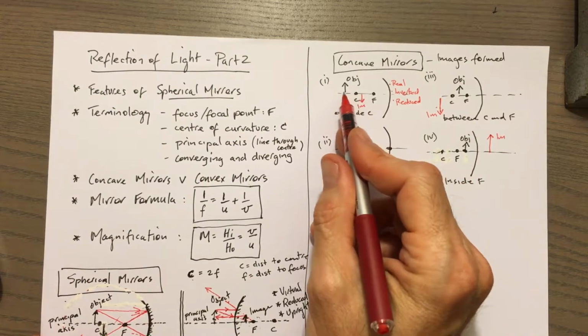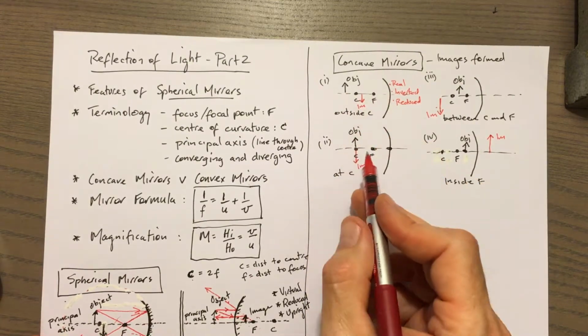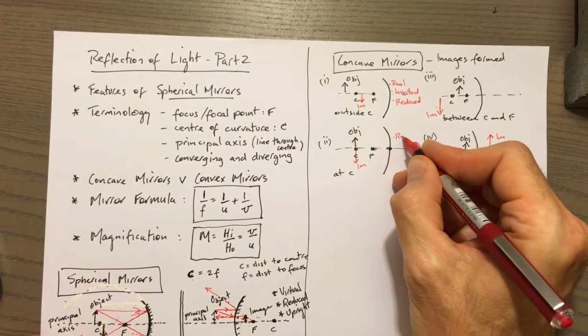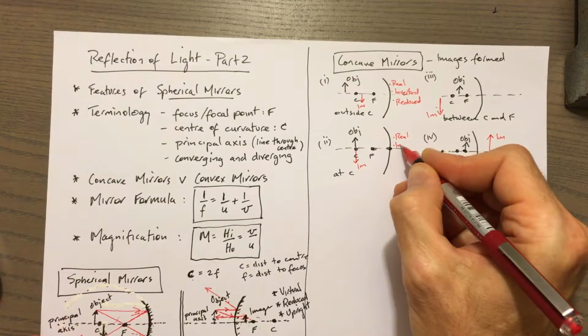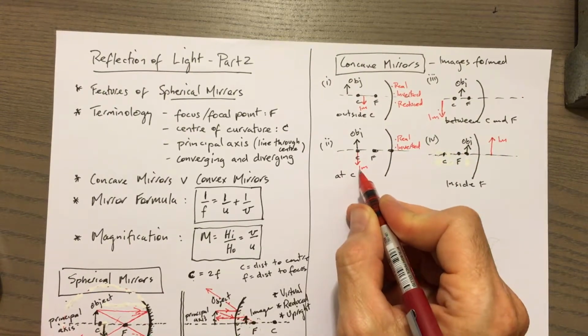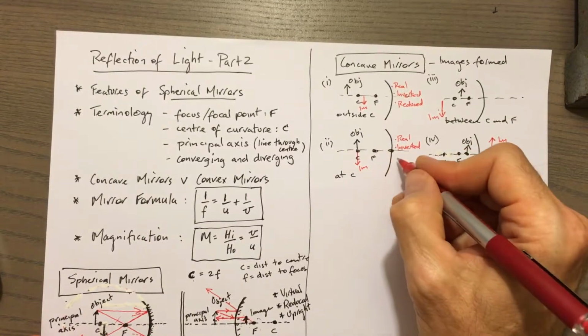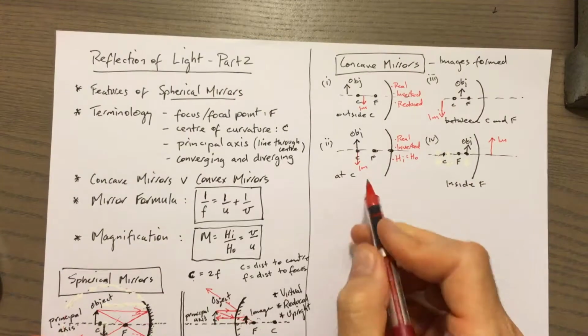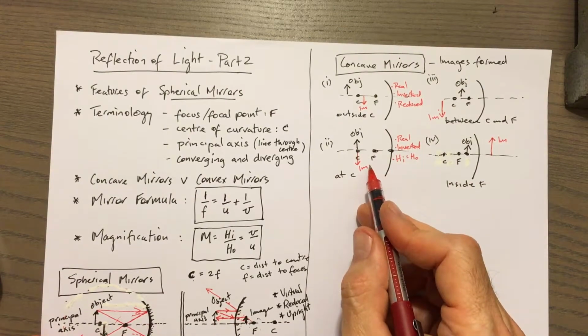As you move the object in and we get to C, we find that it's still real, it's still inverted, but it's neither reduced nor magnified. The height of the image is equal to the height of the object. That's the only case where that happens.